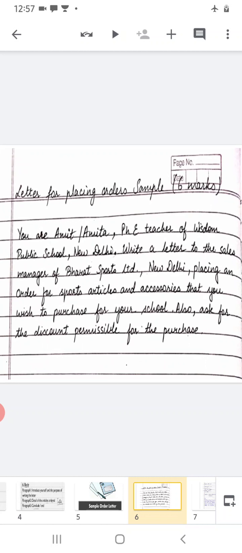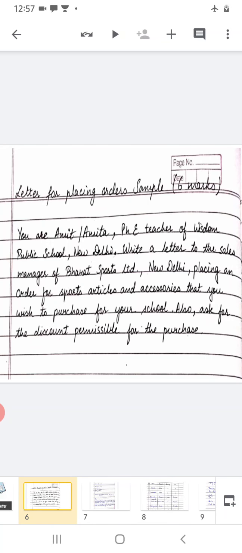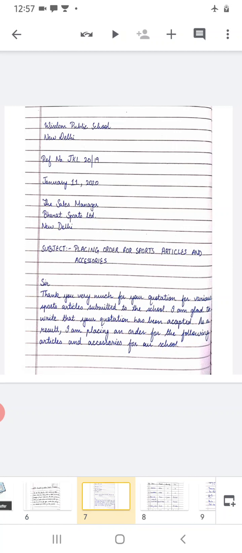Write a letter to the sales manager of Bharat Sports Limited, New Delhi, placing an order for sports articles and accessories that you wish to purchase for your school. Also, ask for the discount permissible for the purchase. So this is the question, and here we begin with the sample answer.